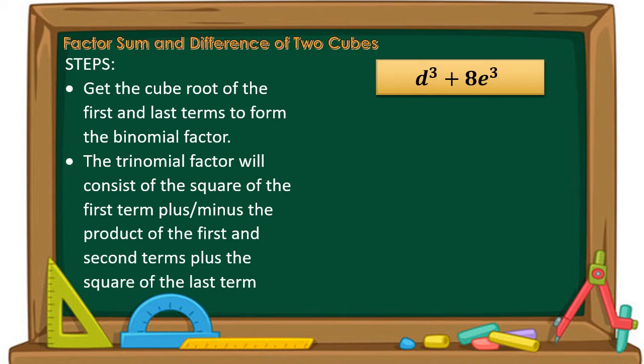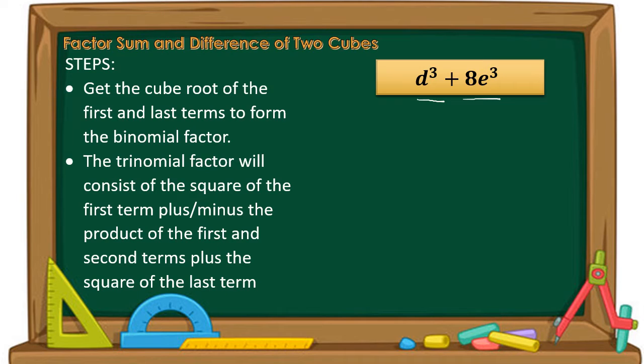So let's proceed with the first example here, which is d cubed plus 8e cubed. Now, following the steps, the first step is for you to get the cube root of the first and last terms. Since we only have 2 terms here, this will be your first, and the other one will be your second.